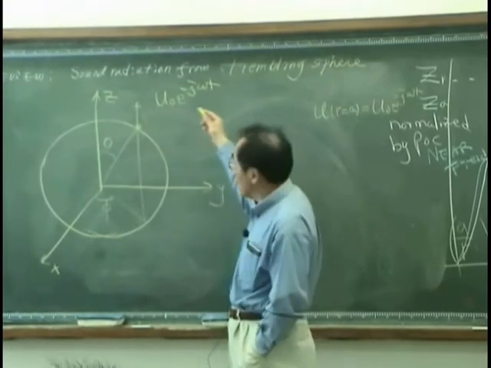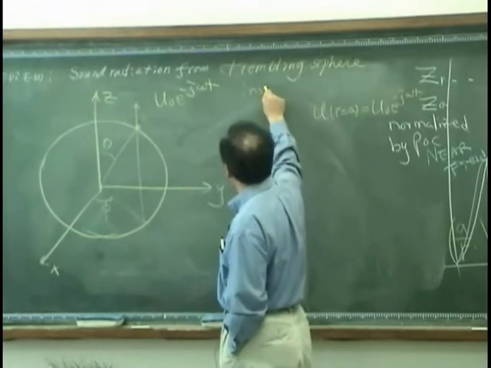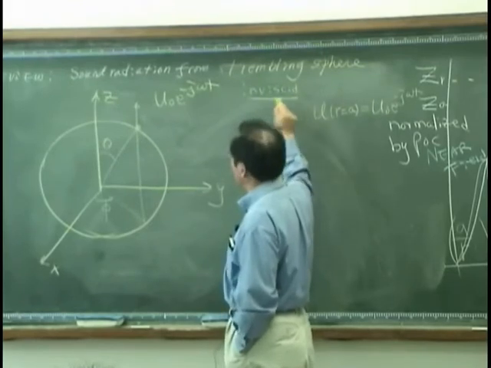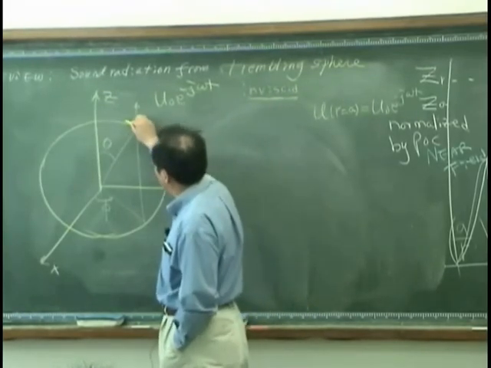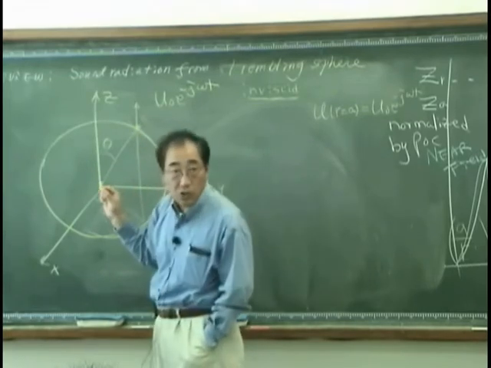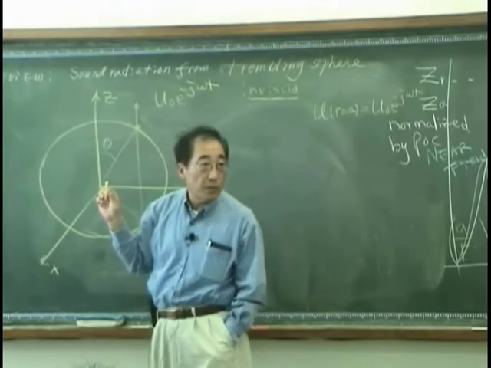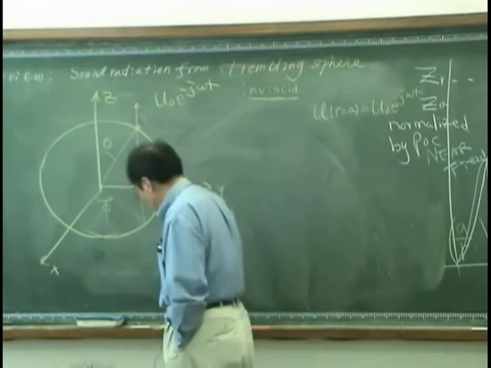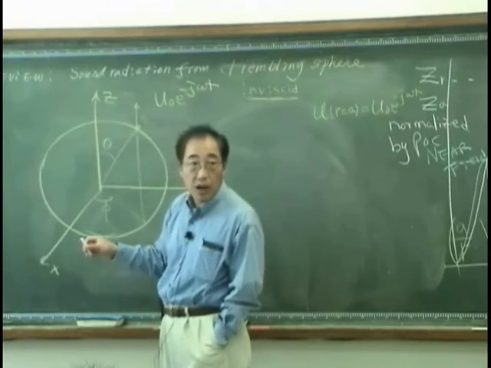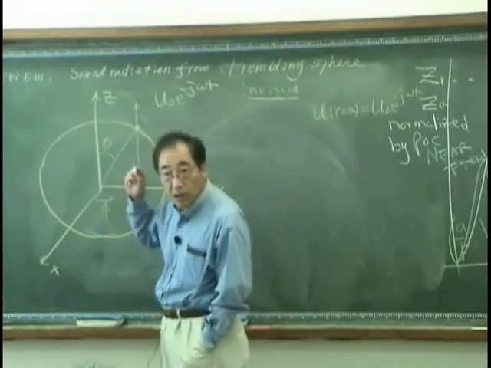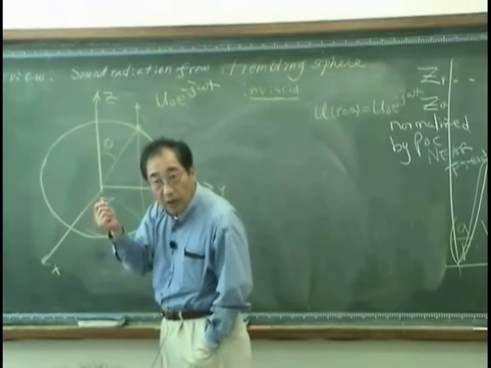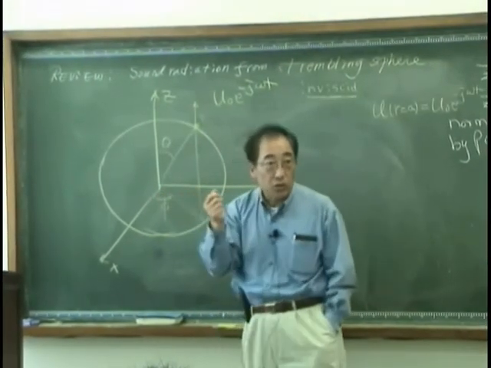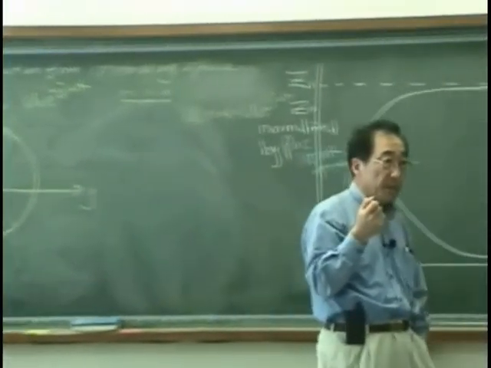But note that we are handling inviscid fluid, meaning that the particle can slip in the tangential direction. Okay, for inviscid fluid, the only direction in which we can prescribe the boundary condition, or require the motion of the fluid, is the direction normal to the surface, right?